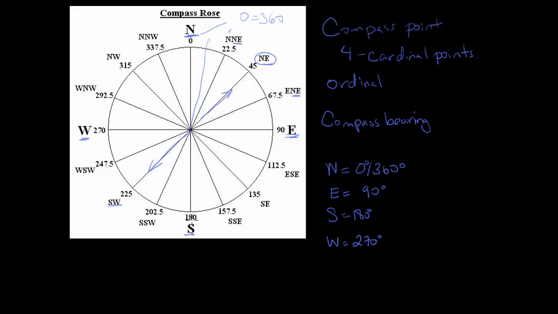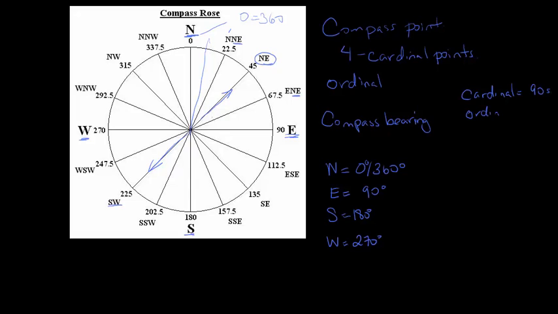And we do the same thing going around. So 180, we'd add 22.5, gets us to south-southeast, add another 22.5, or if we wanted to go directly to the ordinal point, we add 45 to get us up to southeast. So if you wanted to think about this in terms of cardinal points, go up by 90s.